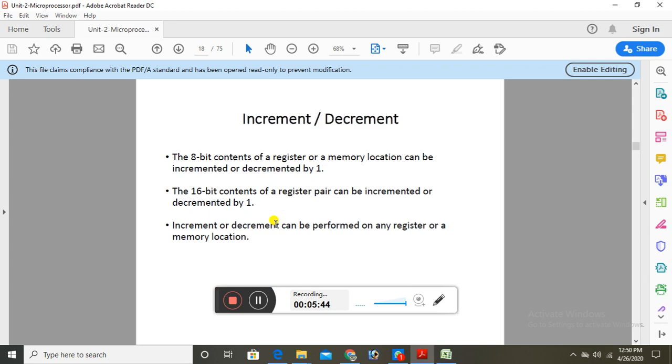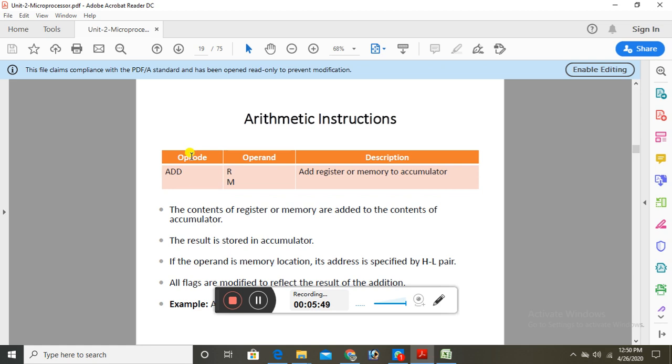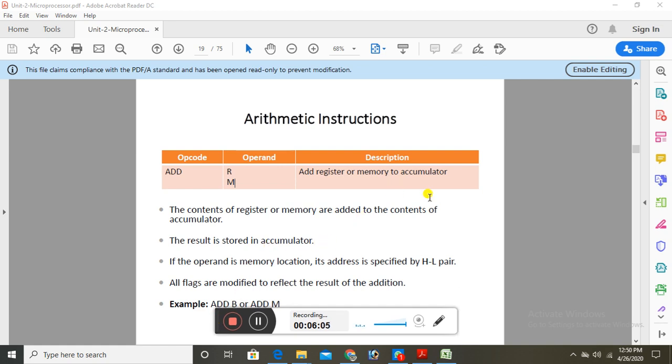Then comes the next arithmetic instruction. The first instruction is ADD r comma m, that is, add register or memory to the accumulator. The contents of a register or memory are added to the contents of the accumulator, and the result is stored back in the accumulator.